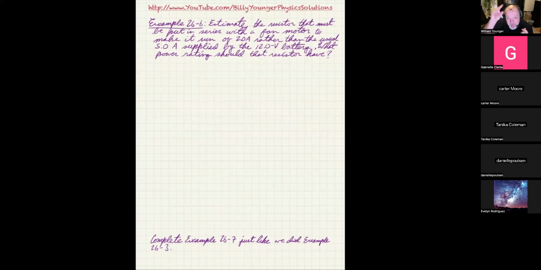They're saying estimate the resistor that must be put in series with a fan motor to make it run on 2.0 amps rather than the usual 5.0 amps supplied by the 12-volt battery. What power rating should the resistor have?